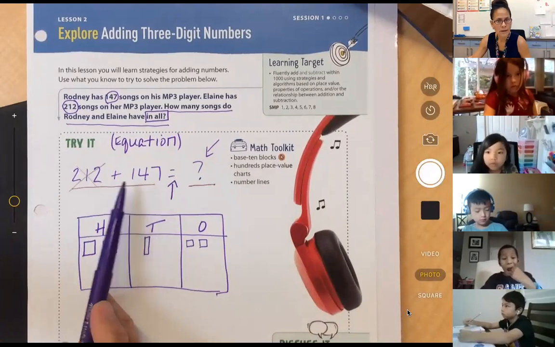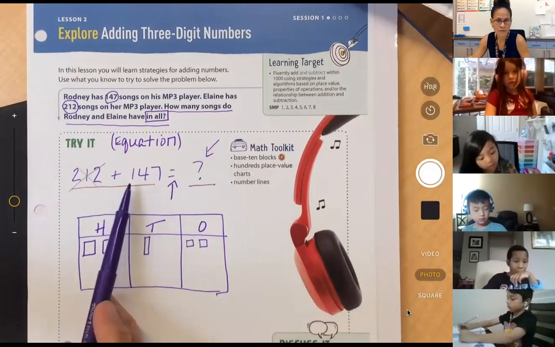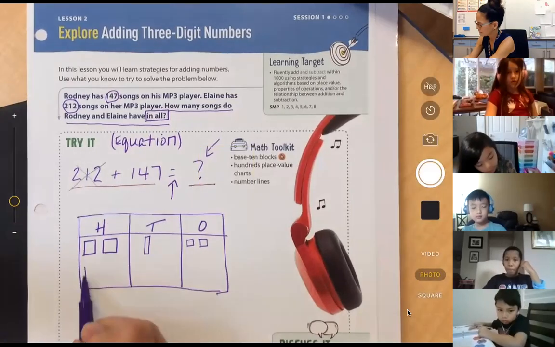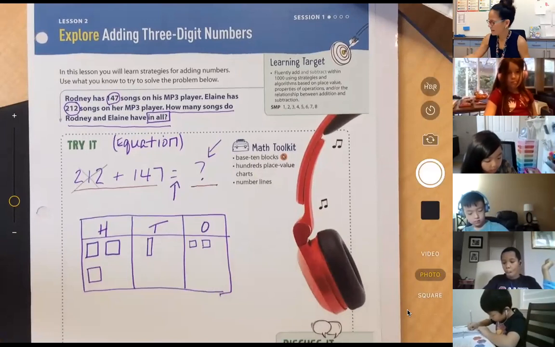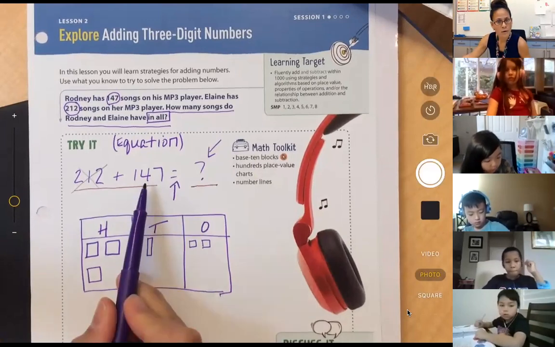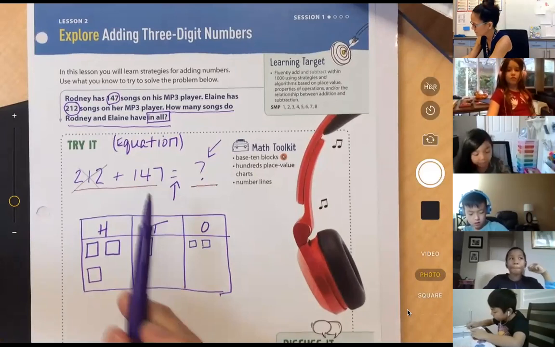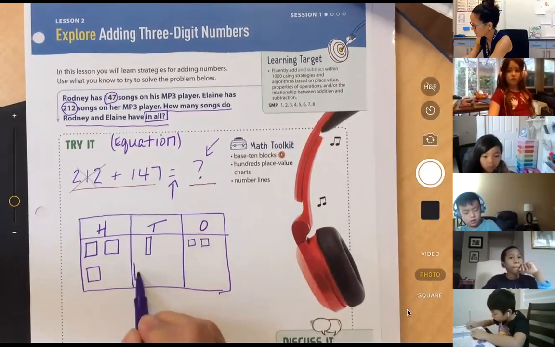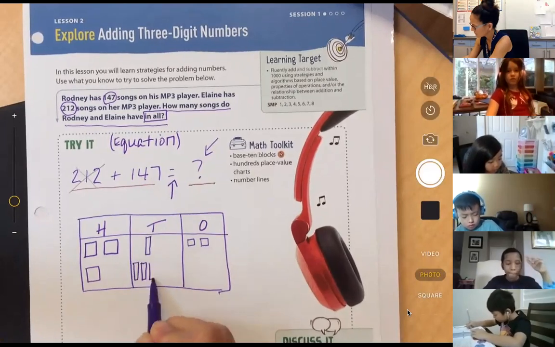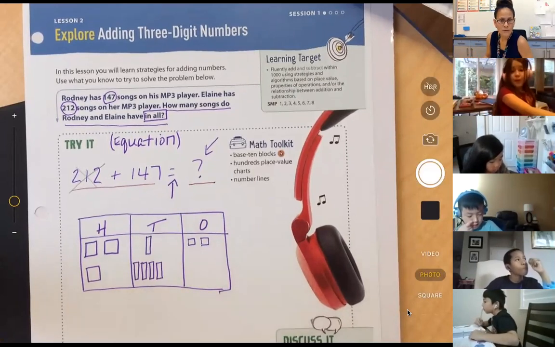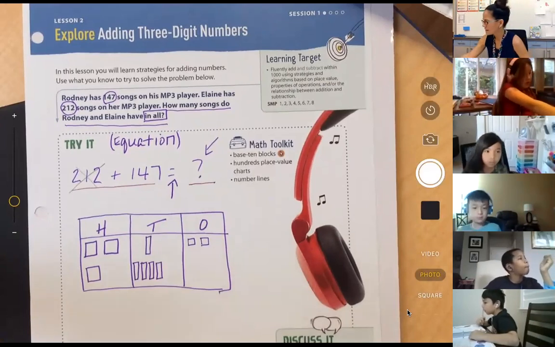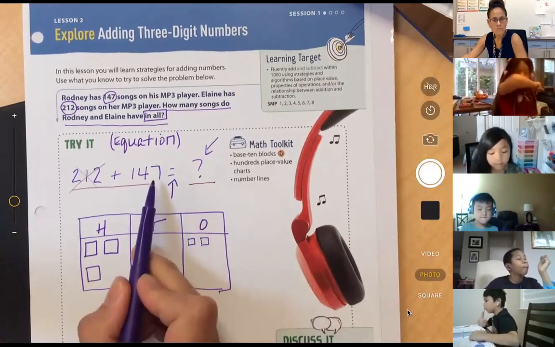Oh, 147 has 100. 147 has 4 tens. And 147 has 7 ones.